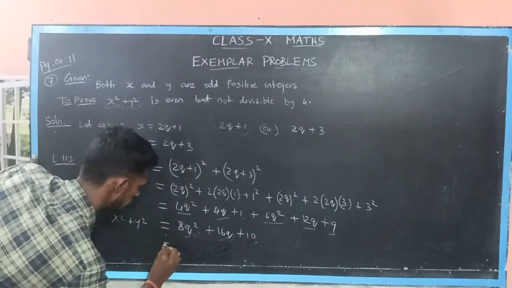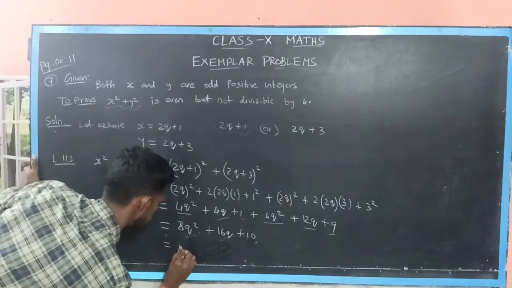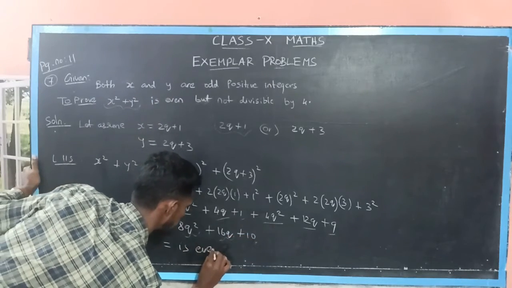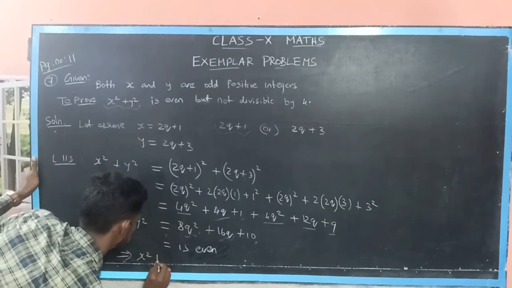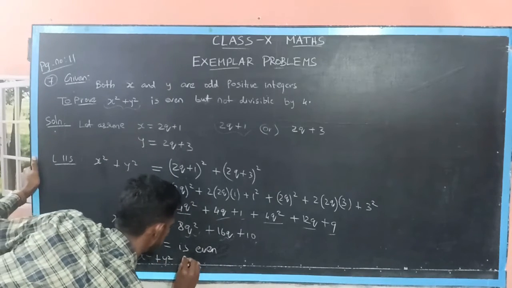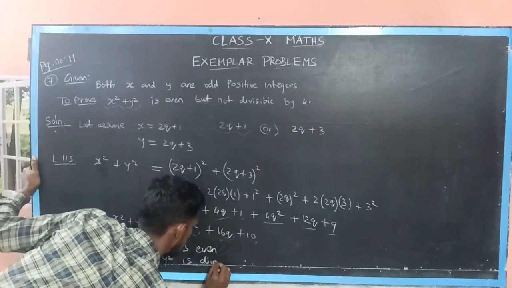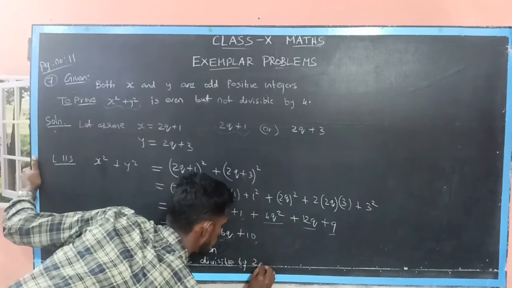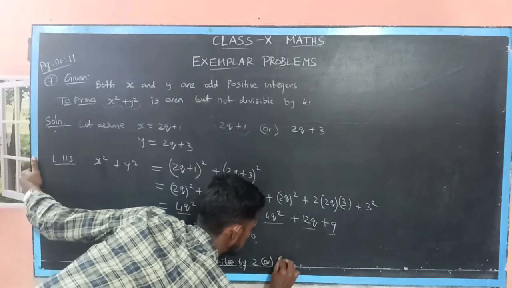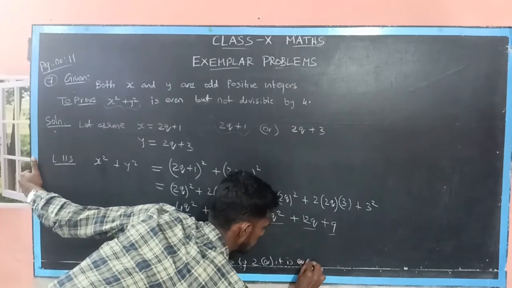So x square plus y square is even. So I can conclude x square plus y square is divisible by 2, or it is even, the both are the same.